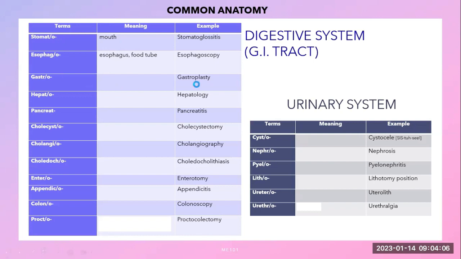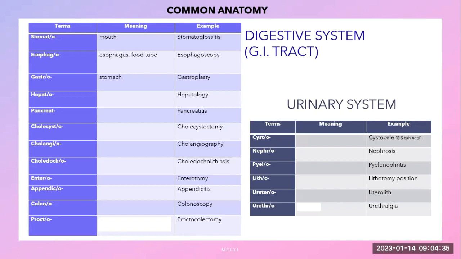Okay, and the next word is gastro. That means stomach. Can anyone explain what stomach means? Because I got several cases where the kid asked me, what do you mean by saying stomach?